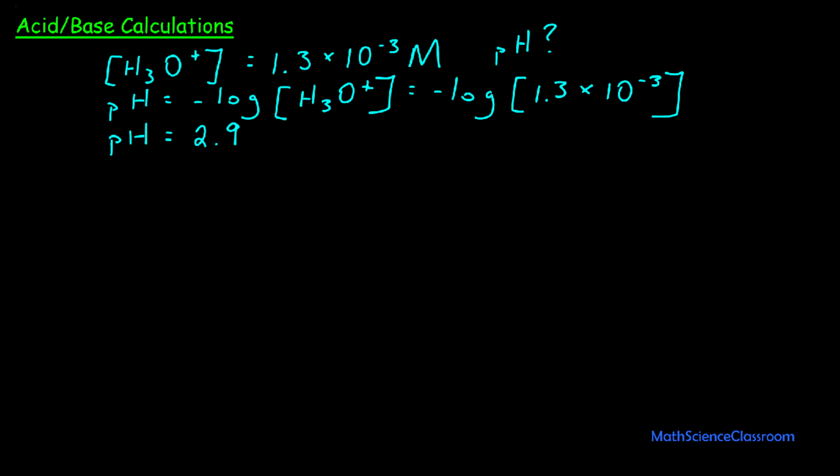So we are given a pOH of 2.3. What is the pH? How do we calculate the pH? Okay, we know that the pH plus the pOH equals 14.